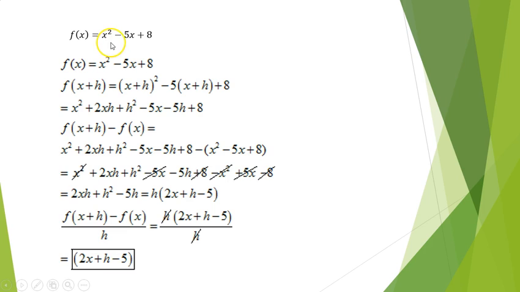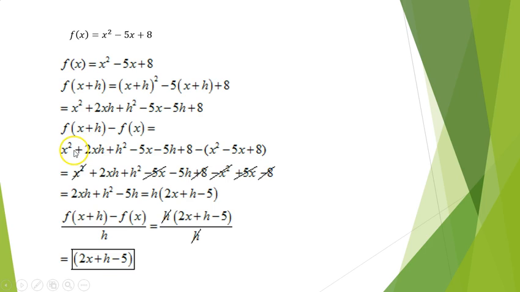F of x equals x squared minus 5x plus 8. Here is an x, and here's another one. So both of those get replaced by x plus h for our f of x plus h. Be sure to use FOIL on this one. Be sure to distribute our minus sign and our 5 to get the numerator that looks like this.